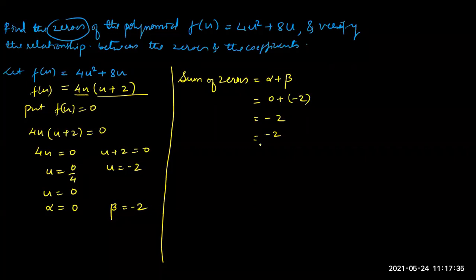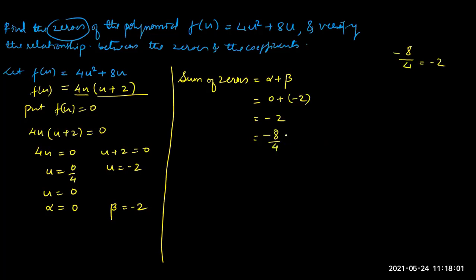By 4, sir. Minus 2 by 4, sir. Yes, 4 is the coefficient of u square. Sir, minus 8 by 4. Yes, minus 8 by 4, because minus 8 by 4 is also minus 2 only. So you can write it as minus 8 by 4.